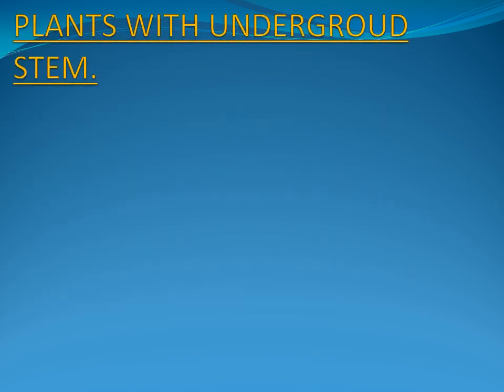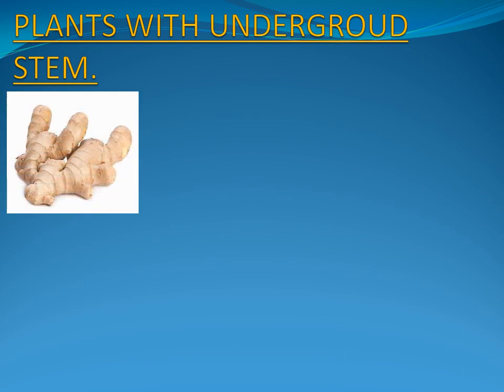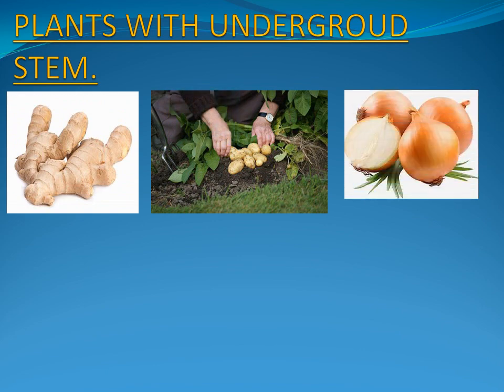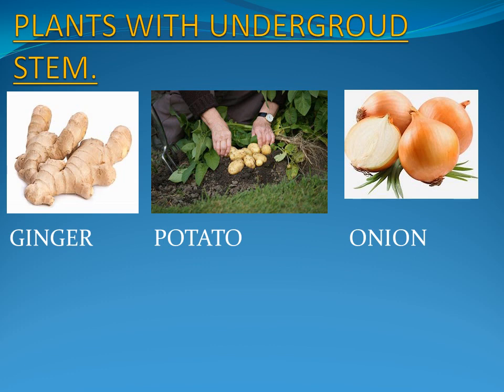And plants which have underground stems are ginger, potato, and onion. Ginger grows downward, and we can see the ginger stem, and potato also has a stem underground.